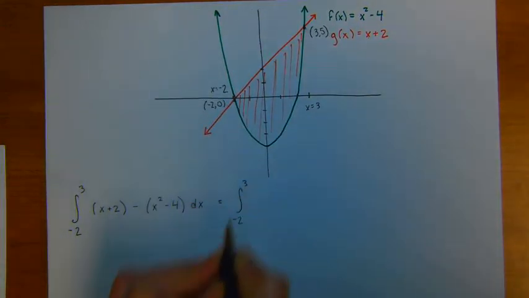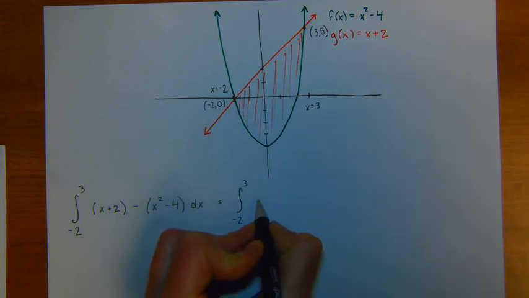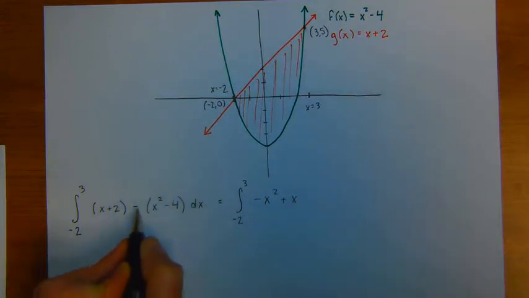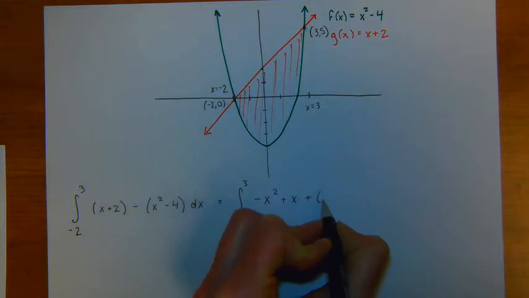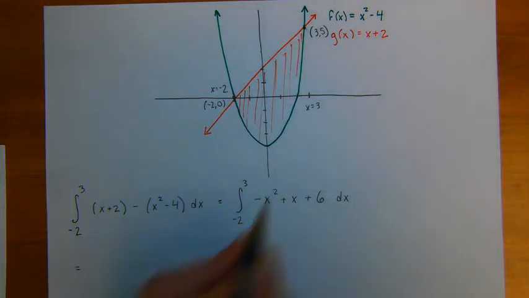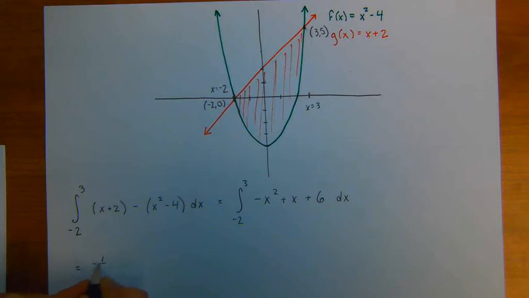So working forward, doing calculus, we can see that this is just -x squared plus x, 2 minus -4 is 6 dx. And now I'm going to compute the integral using power rule, raising each of the exponents and multiplying by the reciprocal of those exponents.